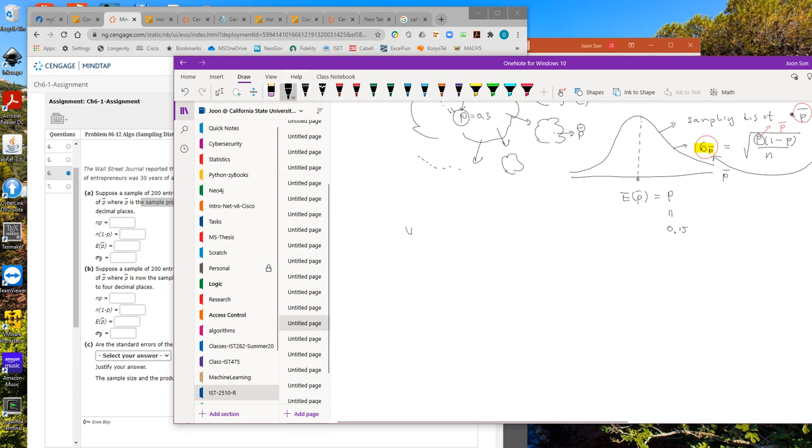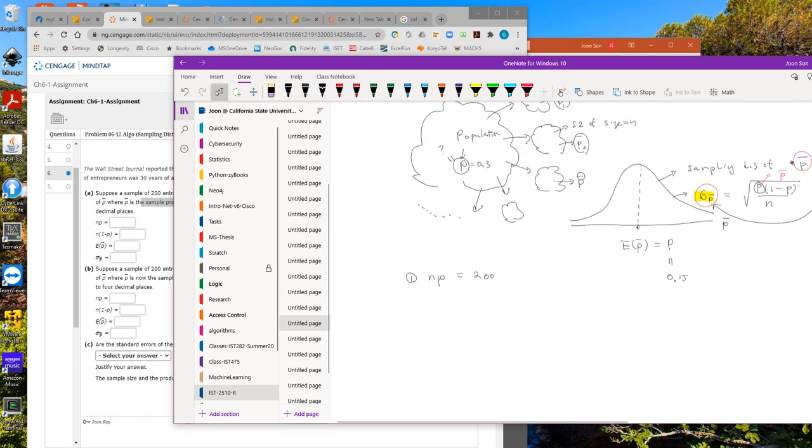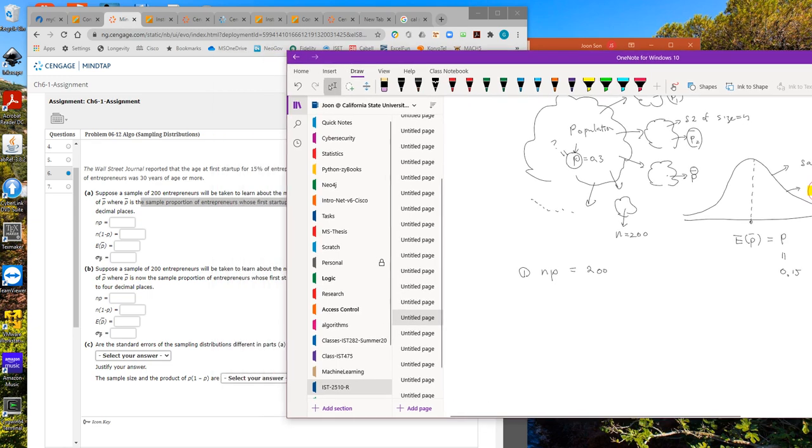I don't know why they're asking this, but n is the sample size, 200. This is given in the problem.